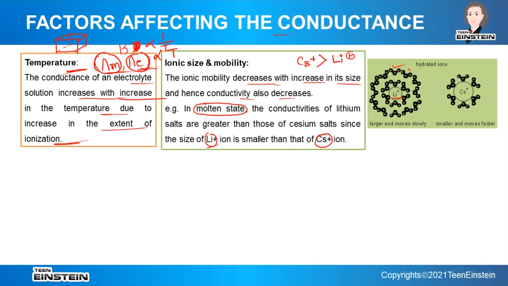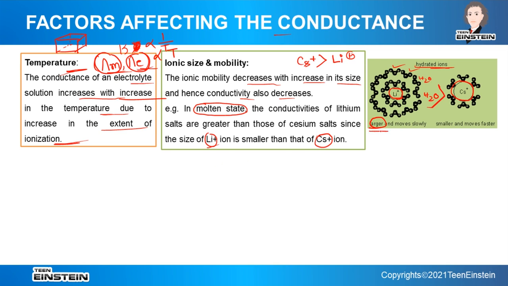So all these are water molecules. When it is a hydrated ion, though lithium is smaller in size as a free ion compared to cesium plus, in the hydrated condition it is highly solvated, so it now becomes larger. So now the size is higher for lithium because it is hydrated.